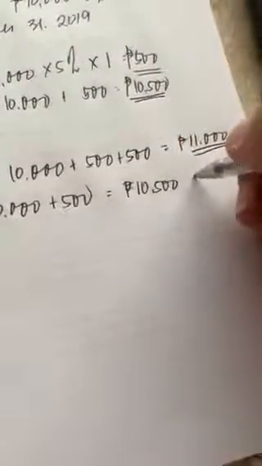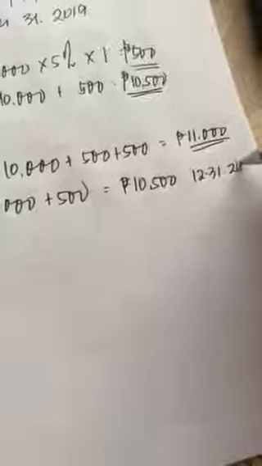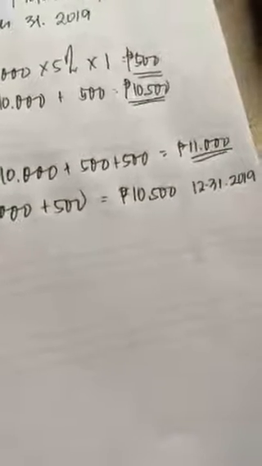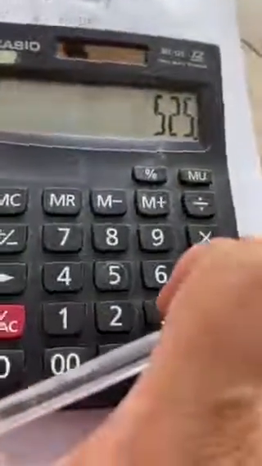So the future value as of the end of December 31, 2019, would be 10,500. Now, going to 2020, the new principal is 10,500. So that would be 10,500 times 5% times 1 year is equal to how much? 10,500 times 0.05. Okay, the interest now is 525.